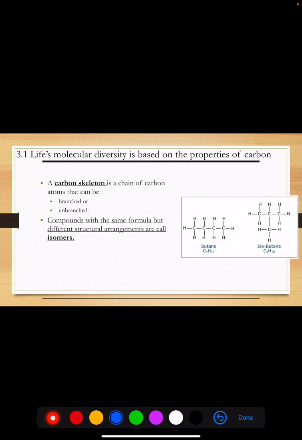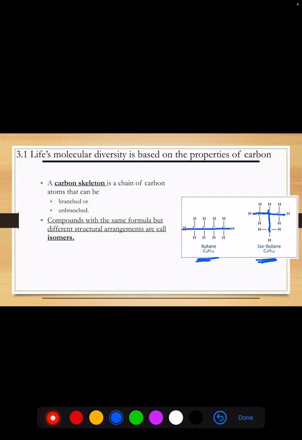We also have this thing called isomers. Isomers are compounds with the same formula, but different structural arrangements. Notice how they are both C4H10, but they are organized differently. Butane is a straight chain. Isobutane is a straight chain, but we have this carbon branching off of it.